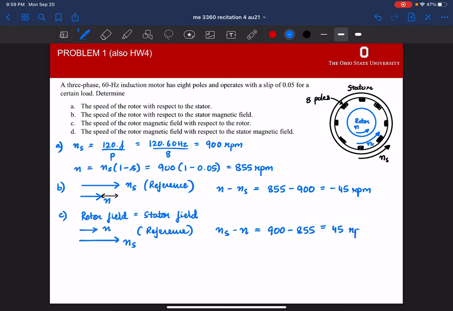So for this case, it turns out to be positive 45 revolutions per minute.